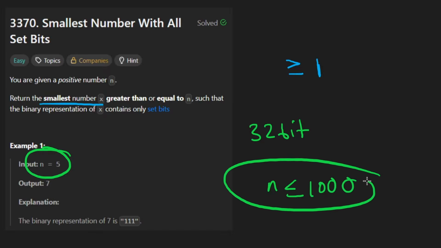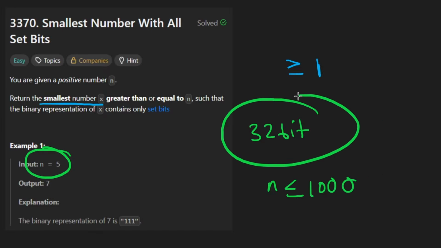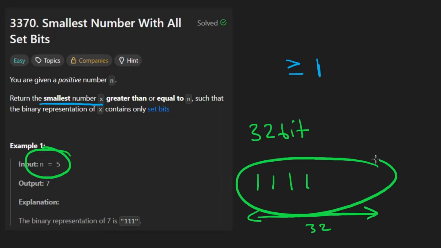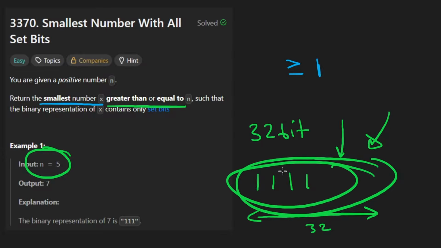And that's good for efficiency reasons. If that was not the case, and maybe 32-bit integers were the limit, there's still guaranteed to be a solution because you could have a 32-bit integer where every bit is set. So you have 32 of these, and that would be the last thing that we try. And we would find that, yes, that is greater than or equal to that input number.